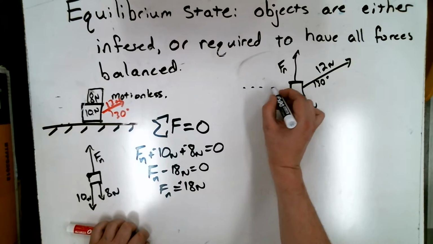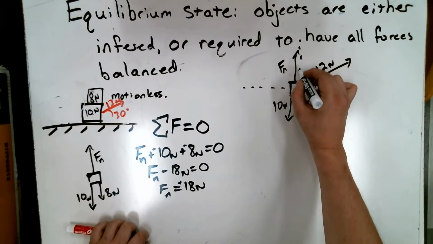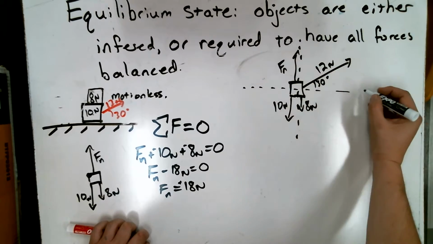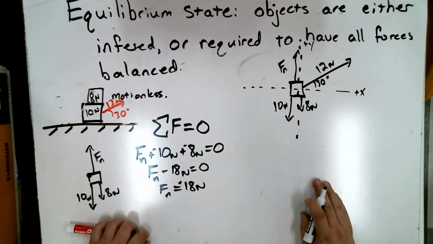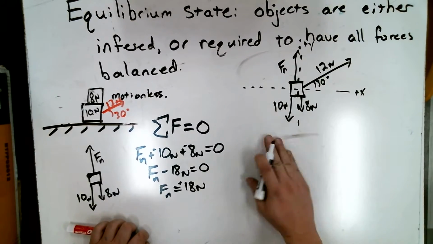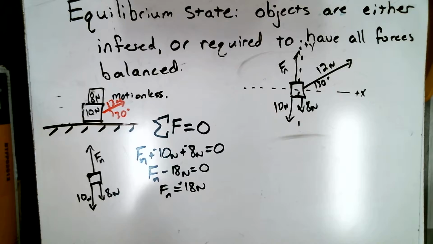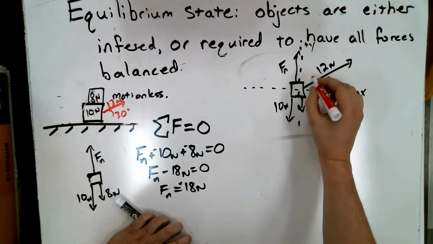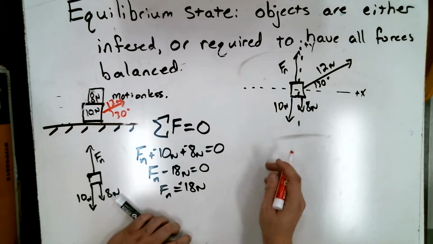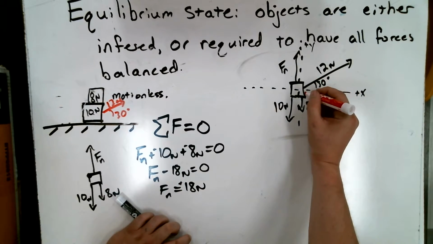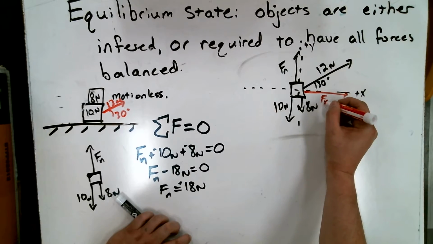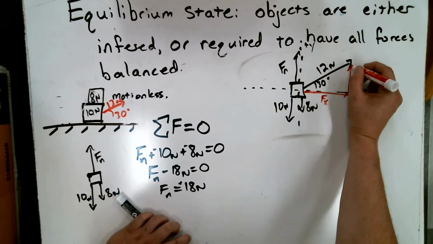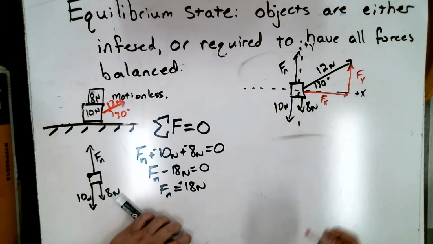I'm going to draw in a coordinate plane because I'm going in both the x direction and in the y direction. Once I've done this, my approach is essentially identical to the last one. I am going to take a look at the sum of the forces, but before I do that, I am going to make sure that I break my angled force to go with my coordinates.